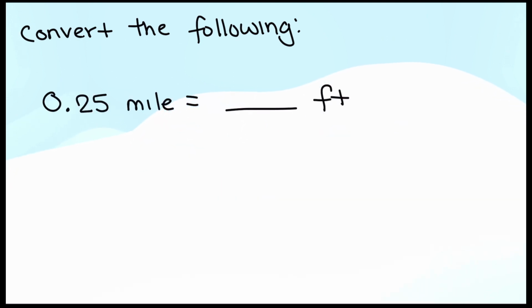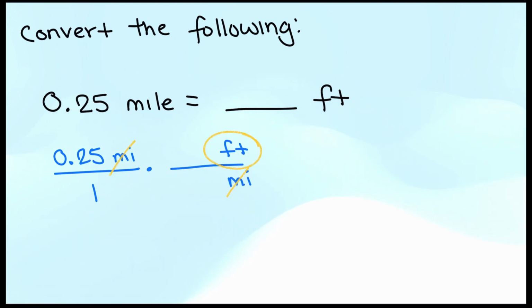Here's another problem. 0.25 miles equals blank feet. So I'm going to write down the number that's given to me as a fraction over 1. 0.25 miles over 1. I'm going to multiply by a conversion factor, and I want to make sure I put miles on the bottom so that the miles cancel out, and I'd like feet to be on the top because that's the unit I want to have left.